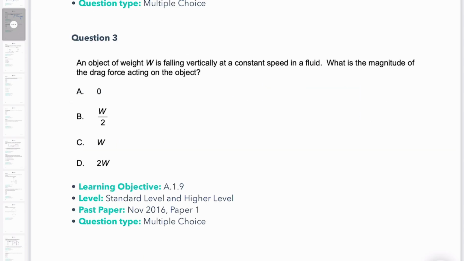Question 3. An object of weight W. Are you noticing that I'm drawing a diagram every time? And remember I said drawing a diagram is really important. In fact, if you don't draw a diagram, you're likely to miss something. Drawing a diagram at all times. An object of weight W is falling vertically at a constant speed.